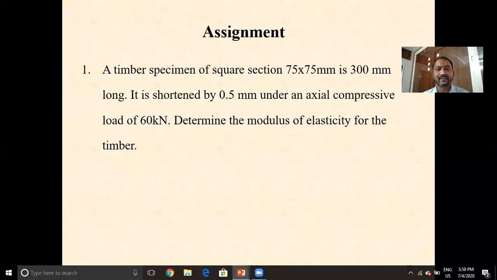And this is the assignment for the practice.